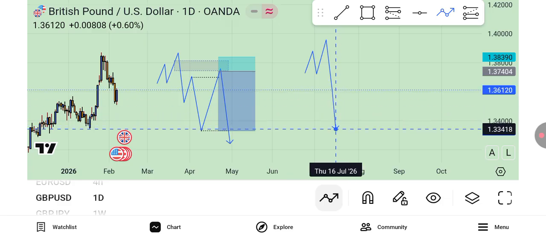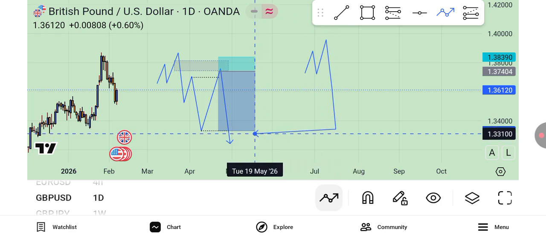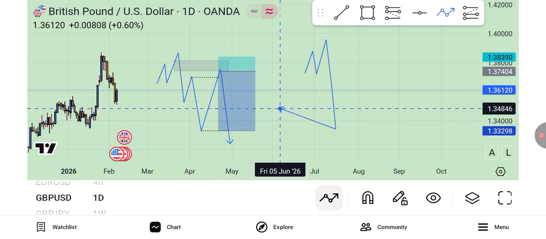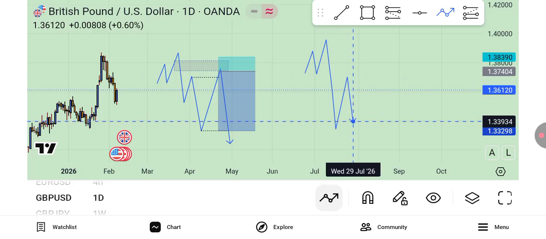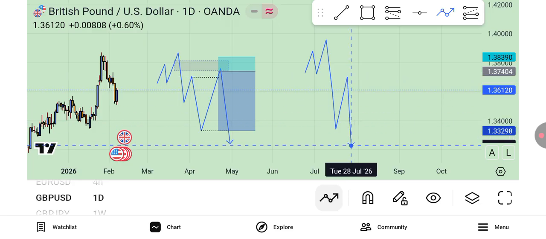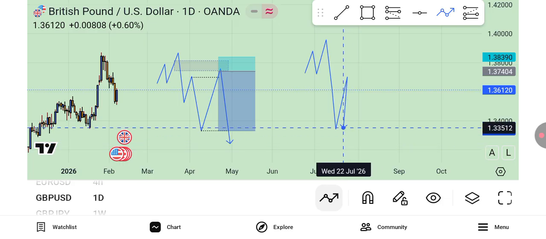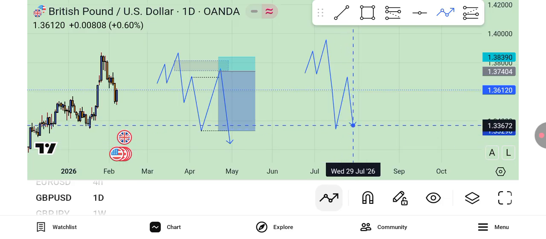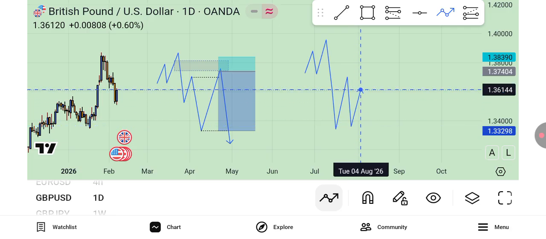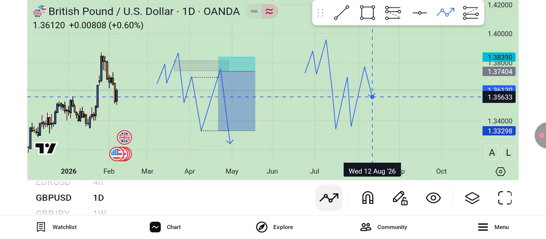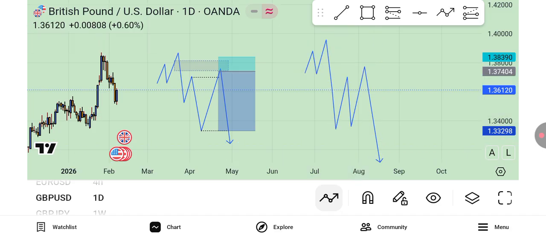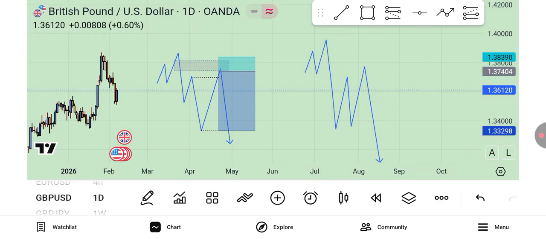So when it disrespects the low, instead of the market coming up and creating another high like this, it now moves down to go and break another low, but it won't break another low. Before it reaches this low, the market will stop and then move higher again. You understand? Then it goes down this time around. What do you notice?